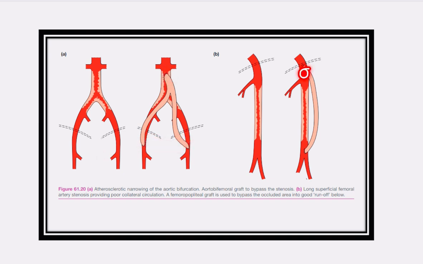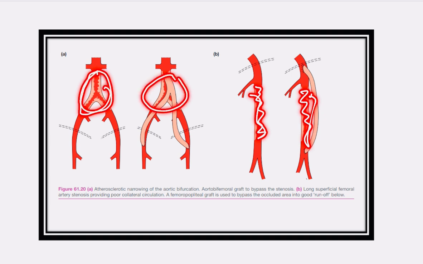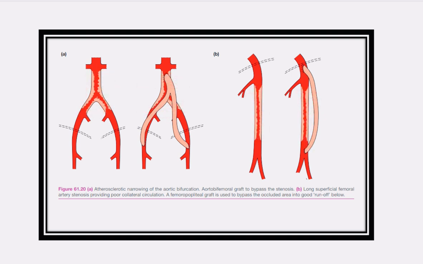Here we can see another option, the femoral to distal femoral bypass. This bypass also may be done, but it is usually done in case of long segment stenosis. Here we can see the long segment narrowing, and here also. In case of long segment narrowing, the bypass may be done with artery or vein or commercially available grafts like PTFE or dacron.